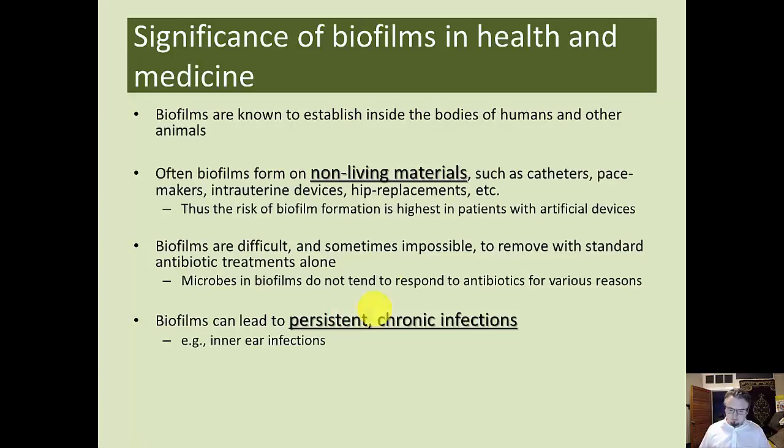I don't know how true that is, or what other factors go along with that information, but I listed it here as an interesting side note. We know ear infections are a real problem for certain kids, and according to some research they think there might be a connection to biofilm formation. Some of the bacteria that get down in there may form some kind of biofilm, and that may be partly why it's so difficult to treat those and get rid of them.